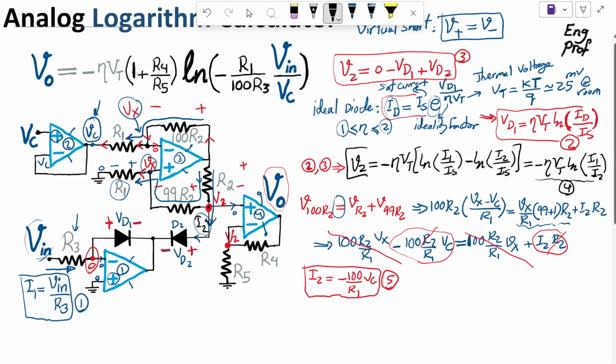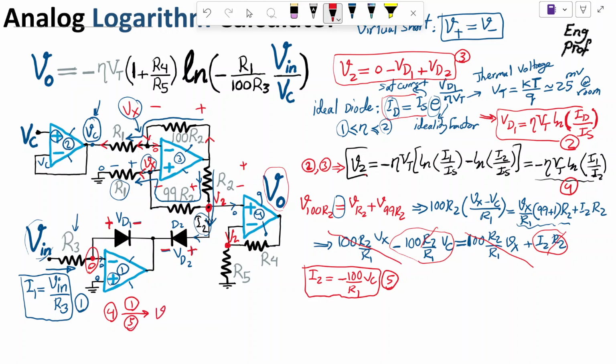what happens is now I'm going to use everything I have. I'm going to use equation, let me also write it with different colors so that it will be visible which one I'm referring to. So remember, this is equation 4 here. So I am going to use equation 4 with the substitution for I1 and I2 by 1 and 5.